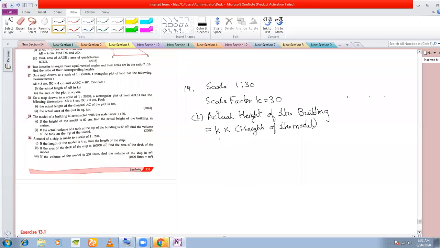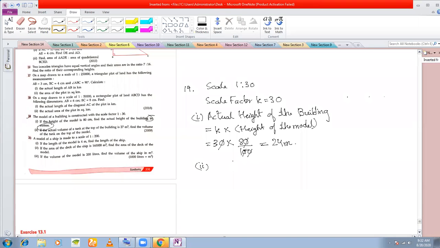This is 30 into what is the height of the model? Height of the model here given to be 80 centimeters. You need the answer in meters, right? So you express this 80 as a meter, that is divided by 100. So you can directly get your answer here. That is 24 meters.